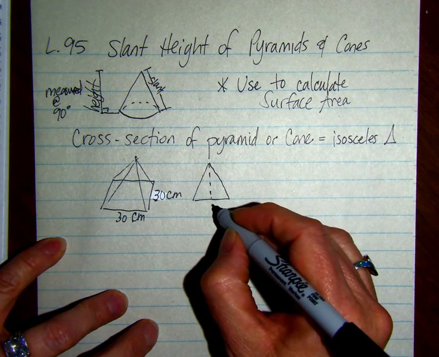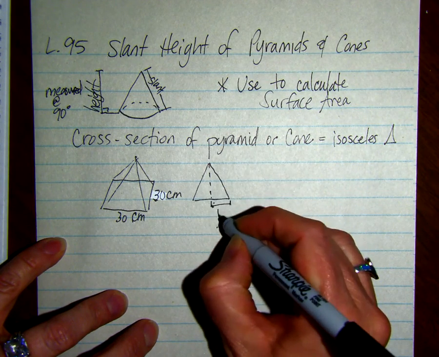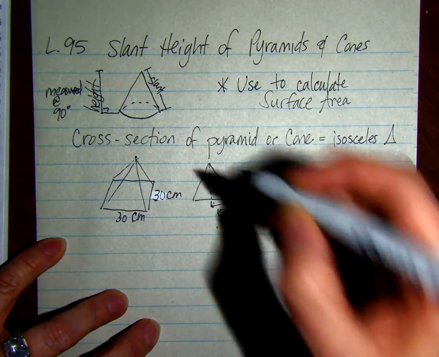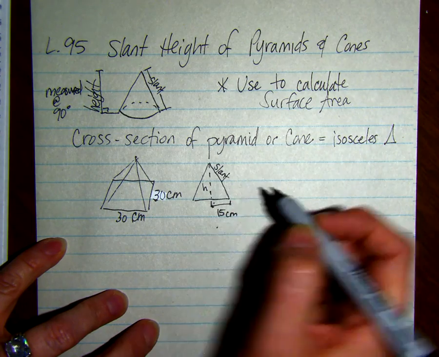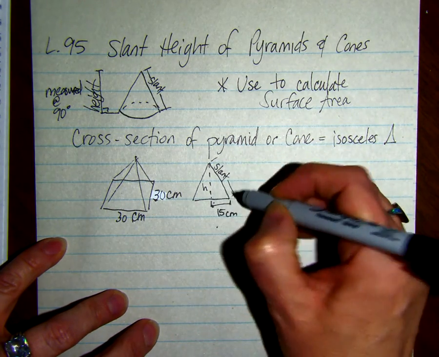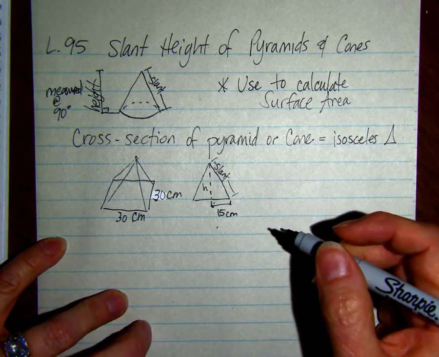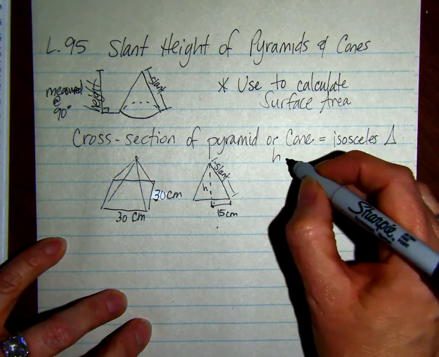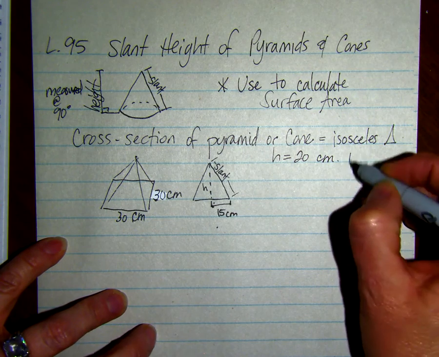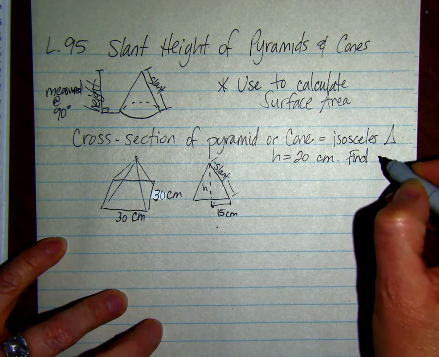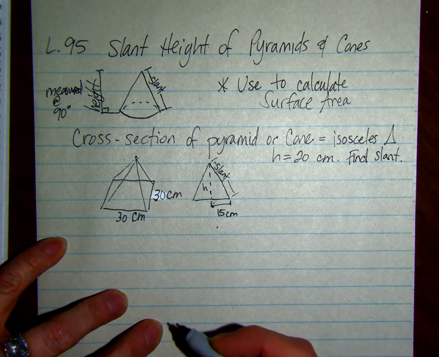Half of the base will be 15 centimeters. The height will be h, and the slant height will be along this side here. So if we are given that the height is 20 centimeters, we're asked to find the slant height.